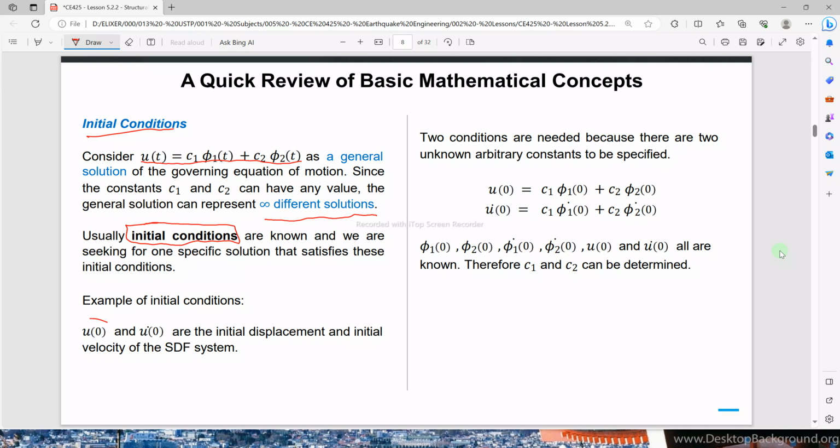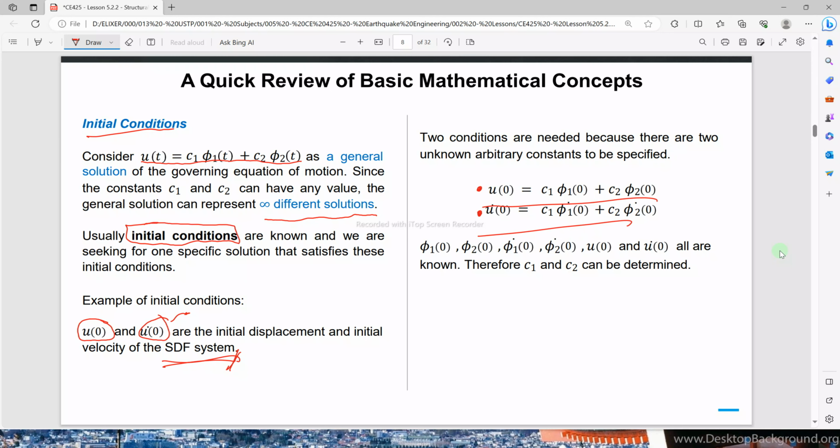So what we do is take the value of that function. In the previous example we used y. Here we have u of 0 and u dot of 0. These are the initial displacement and the initial response velocity for our single degree of freedom system.